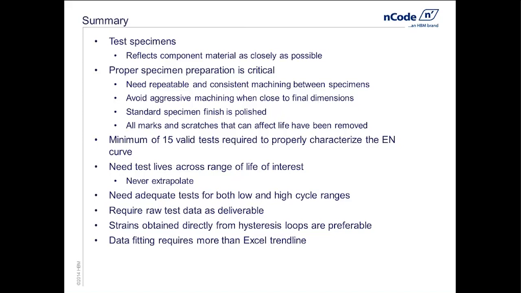You want to guarantee that you have tests throughout the range of lives that we have to look at for our component, so we never want to extrapolate outside the range of data we have. And we want to make sure that we have data points to look at the high cycle behavior and the low cycle behavior, because we're going to fit lines through both those regimes.